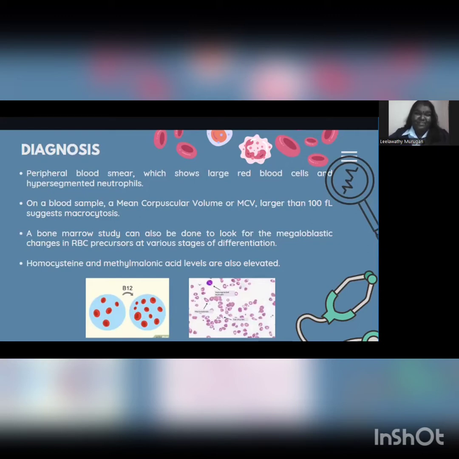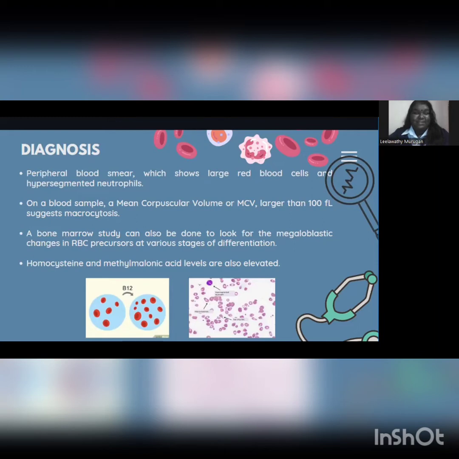Followed by the blood sample, full blood count, MCV, which is mean corpuscular volume, resulting in larger than 100 fL, suggested as macrocytosis. Also, a bone marrow study can be done to look for megaloblastic changes in RBC precursors at various stages of differentiation.